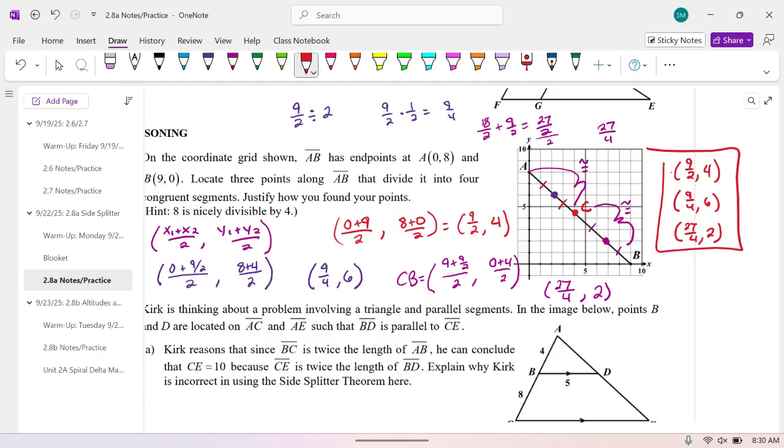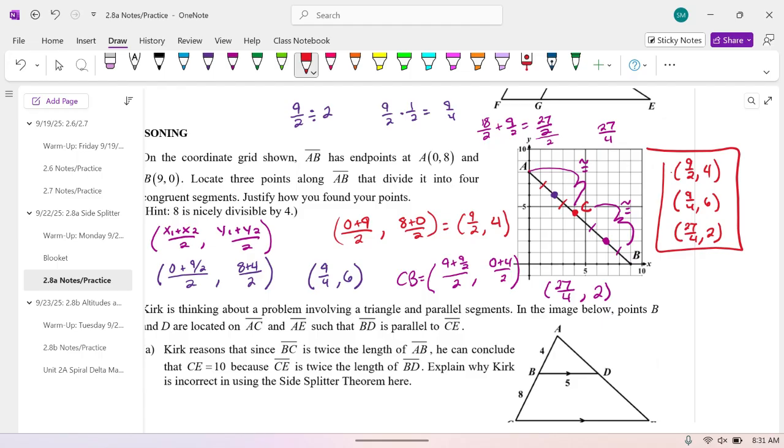All right, does that make sense? So guys, think of a number line. All right, this is 4 units long. Okay, if I cut it in half, how long is each of these? 2.